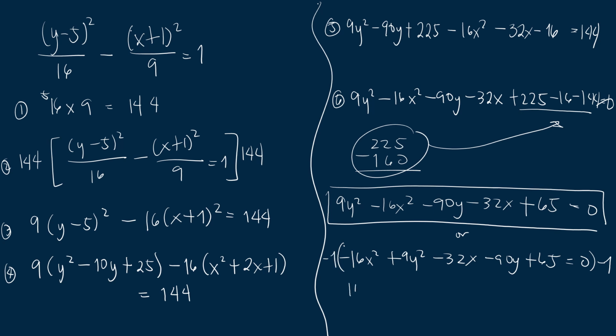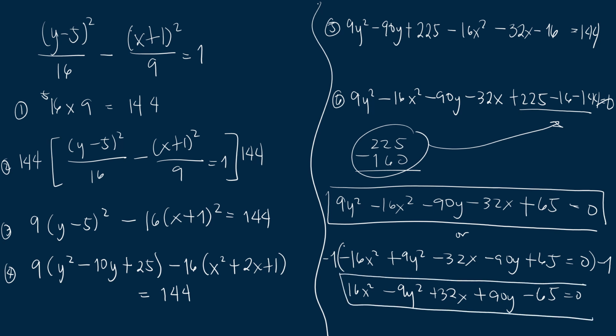So, magiging 16x squared minus 9y squared plus 32x plus 90y minus 65 is equal to 0. So, kung gusto nyo lang naman na nauuna yung x squared, pwede naman yung first na nakabox or yung pangalawa. Pareho lang yan. Nauna yung y squared sa taas, x squared sa baba. And then, this is the last example in transforming standard equation of a given hyperbola.